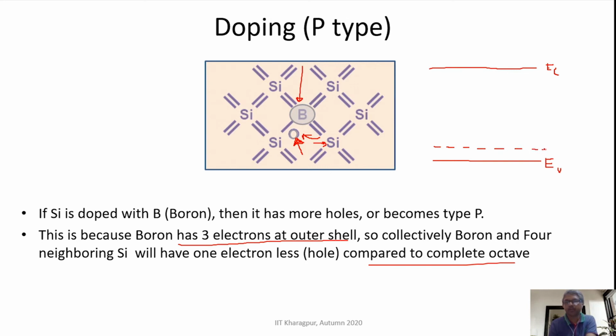Boron energy level is very close to that of the valence band in case of silicon. Because boron has only 7 outermost electrons, if you give a little bit of energy, the electrons from the valence band will jump and reach this level. So electrons from valence band will jump and interact with boron.